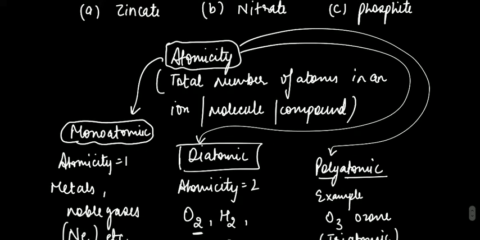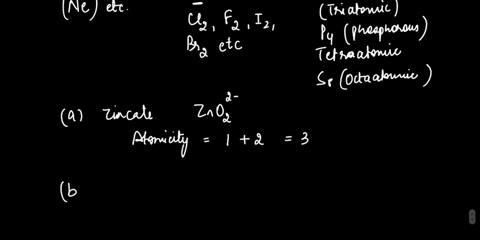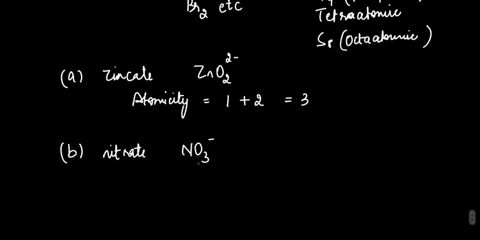Then we go to the second option, nitrate. Nitrate is NO3 minus. Irrespective of the charge, how many atoms do we have? Nitrogen is 1 atom. Oxygen, how many atoms? 3. So total will be 4. So this is tetraatomic.